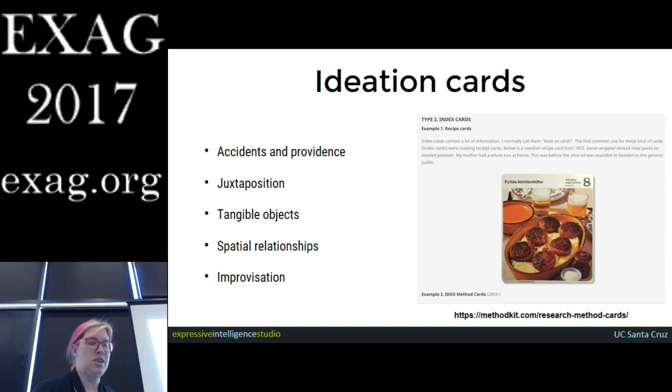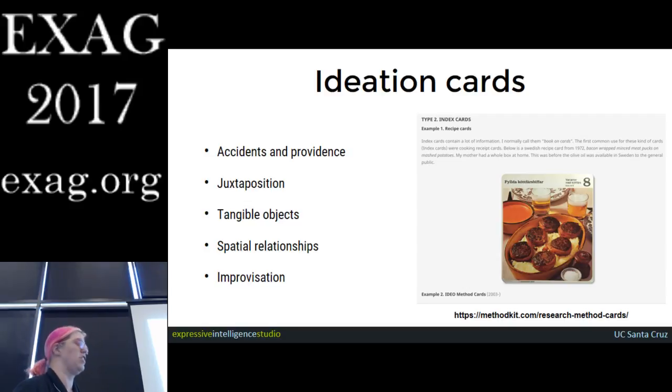You can also have things like juxtapositions, where I can draw two cards and lay them next to each other. So if it's use non-musicians and take a break at the same time, it'll be telling me something interesting in the space between those two cards. They're tangible objects, so you can pick them up and pass them around, and you can do interesting improvisation with them.